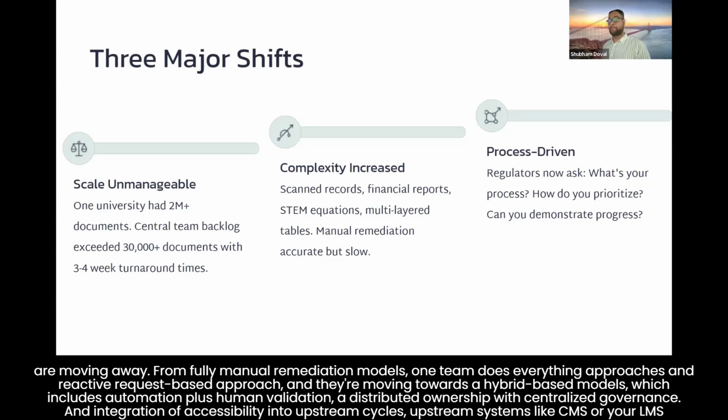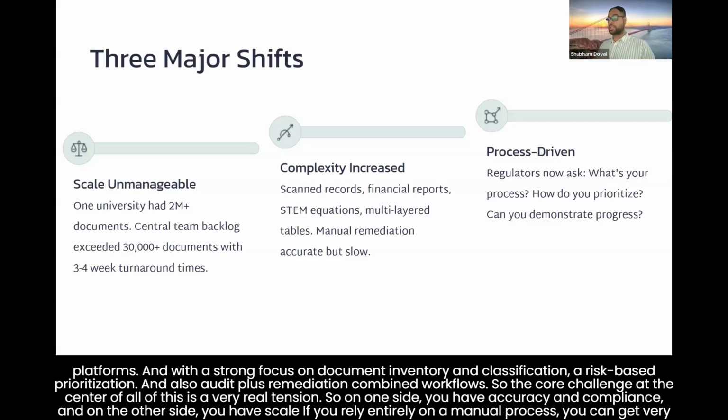Institutions are moving away from fully manual remediation models, one team does everything approaches and reactive request based approaches, and they're moving towards hybrid models, which include automation plus human validation, a distributed ownership with centralized governance, and integration of accessibility into upstream systems like CMS or your LMS platforms. And with a strong focus on document inventory and classification, a risk-based prioritization, and also audit plus remediation combined workflows.